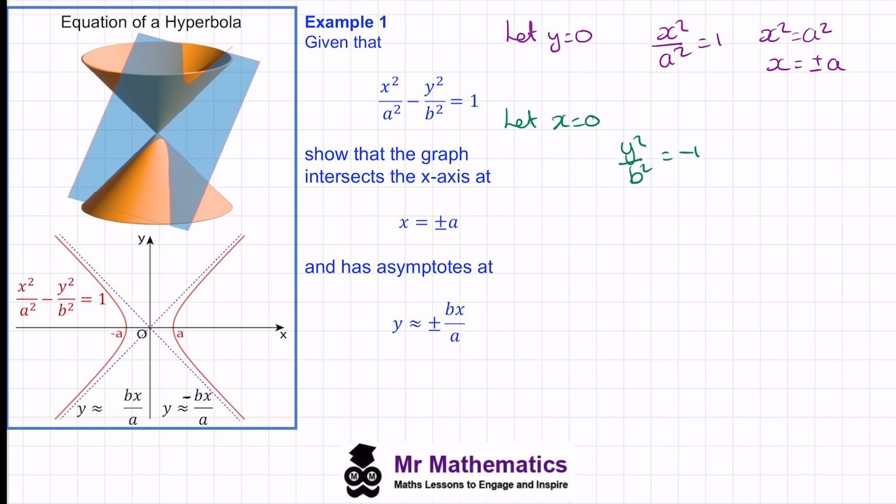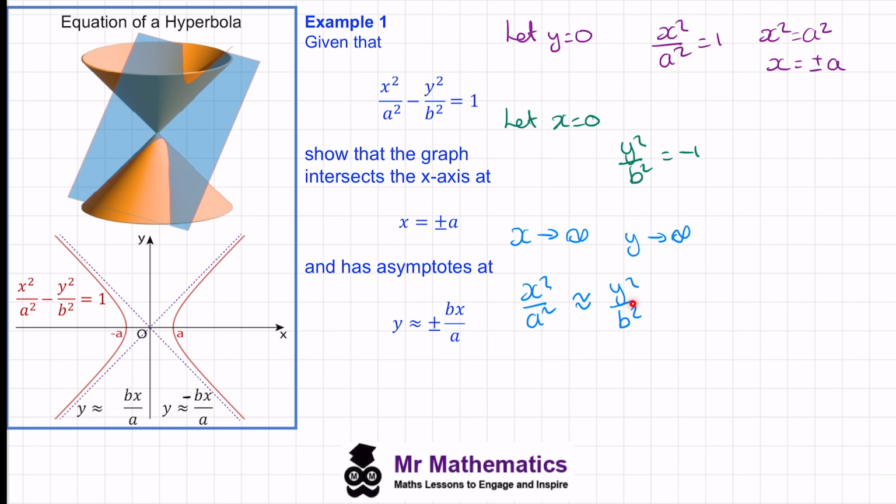And to find the equations of the asymptotes, well, we need to consider very large values of x and y. So if we say that x tends to infinity and y tends to infinity, then this 1 becomes negligible. So we've got x squared over a squared is approximately equal to y squared over b squared.